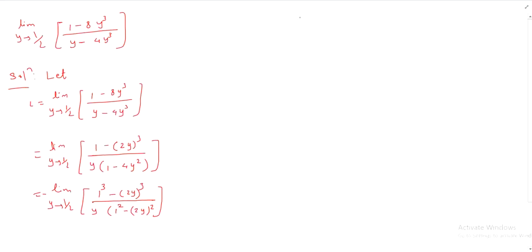Therefore let us consider L is equal to limit y tends to half inside the bracket 1 cube minus 2y cube, that is 1 minus 2y, then 1 square plus 1 into 2y plus 2y square, that is 4y square, upon y into 1 square minus 2y square, that is a square minus b square, that is a minus b means 1 minus 2y, and a plus b, that is 1 plus 2y, bracket complete.